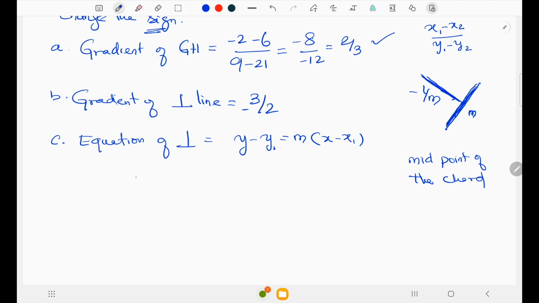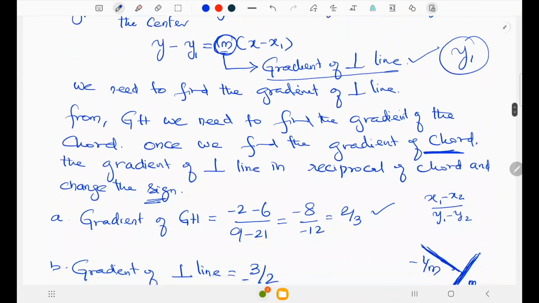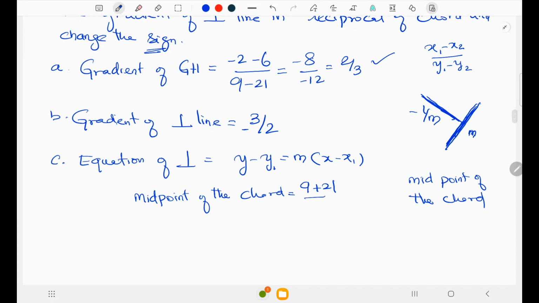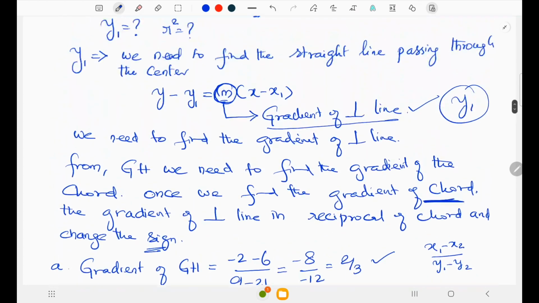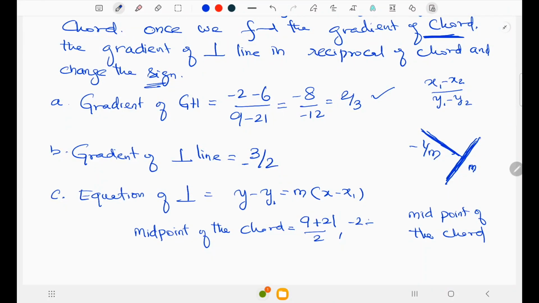So now the midpoint of the chord equals 9 plus 21 divided by 2, comma, minus 2 plus 6 divided by 2, which equals 30 by 2, that is 15, comma, 4 by 2, which is 2. So the midpoint is (15, 2).